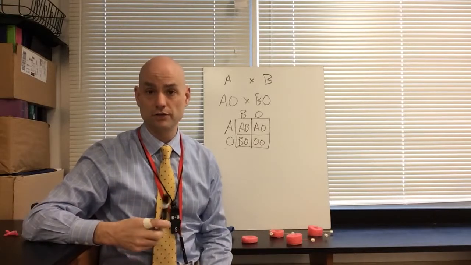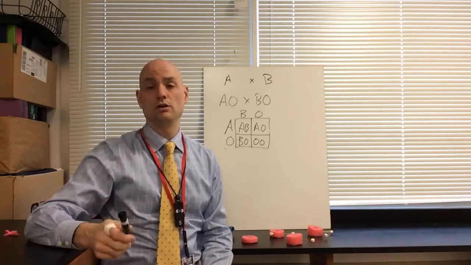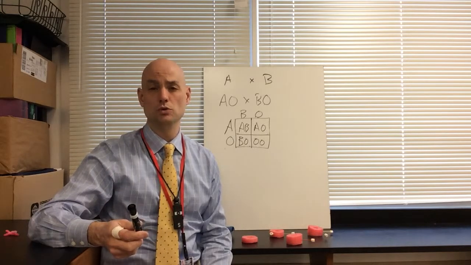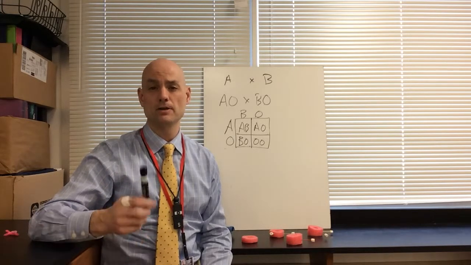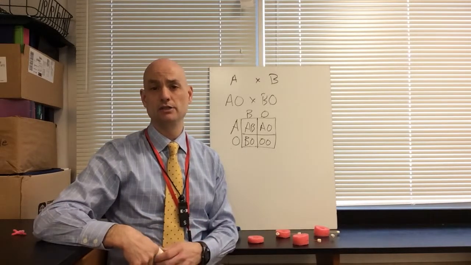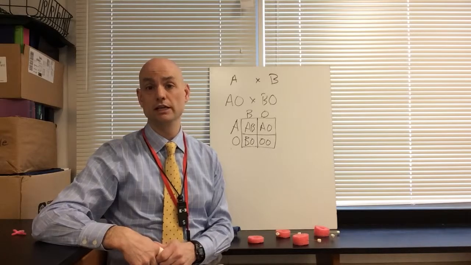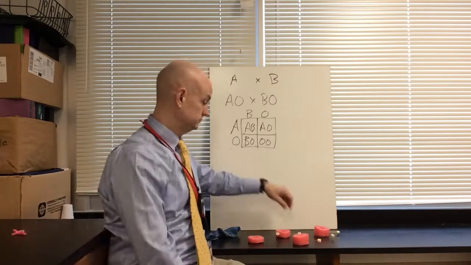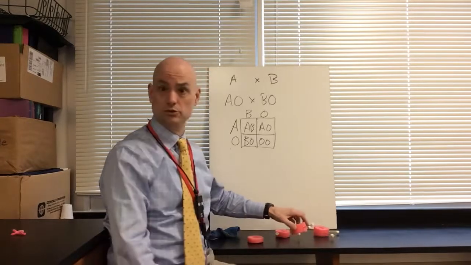Here's the question I have for you, though. How is AA different from AO? Are they different? How is the homozygous for A different than the heterozygous for A? Okay, let's see. So we said A was red.